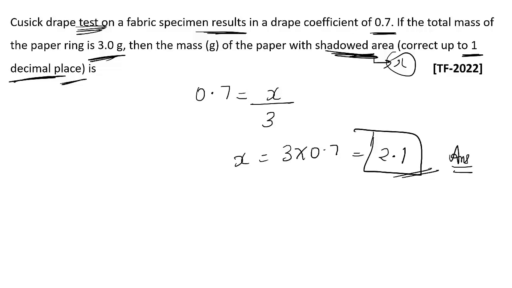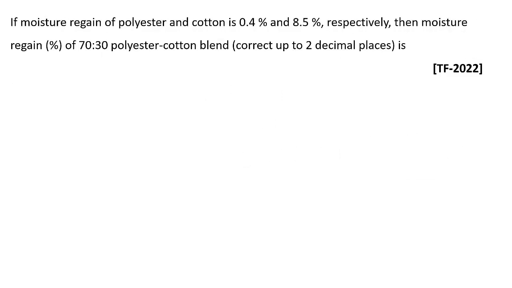Now coming to the next question. If the moisture regain of polyester and cotton is 0.4% and 8.5% respectively, then the moisture regain of a 70% polyester to 30% cotton blend, in 2 decimal places. So it is a blend of 70 is to 30, a PC blend, polyester cotton blend.